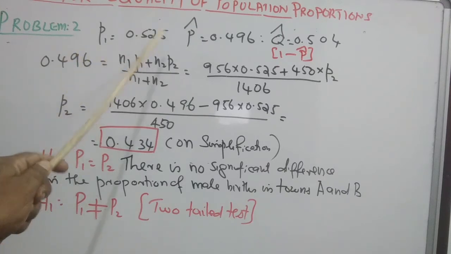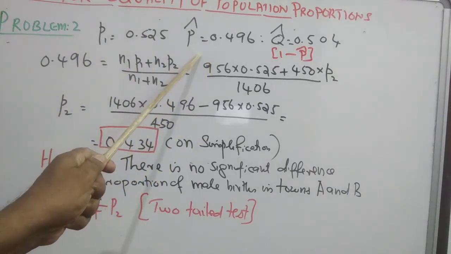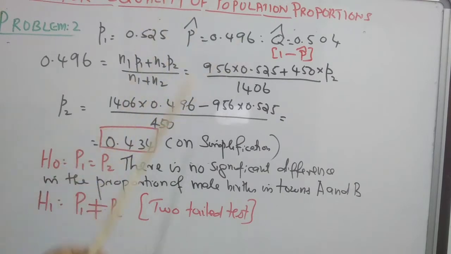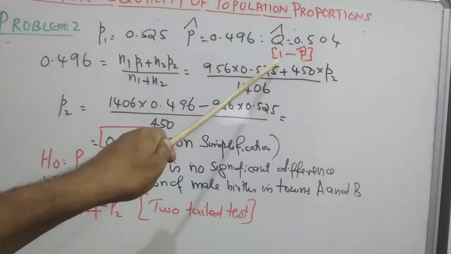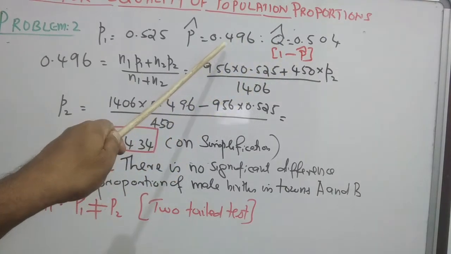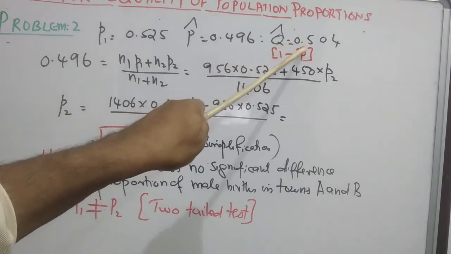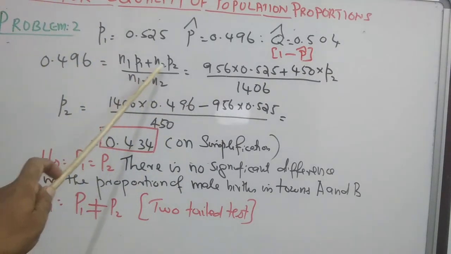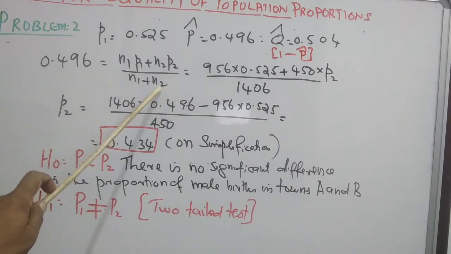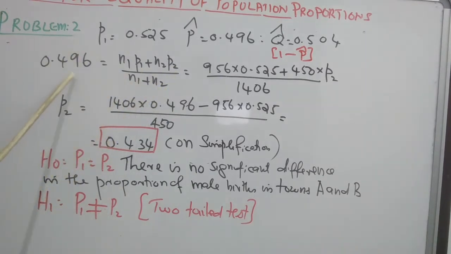P1 is 0.525. P estimate is 0.496. Then we have to calculate Q estimate. By theory, that is 1 minus P estimate, 1 minus 0.496, which is 0.504. And we know that P estimate is n1 P1 plus n2 P2 by n1 plus n2, that is 0.496.